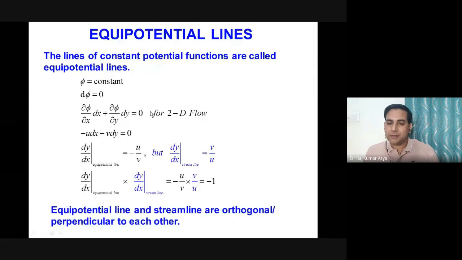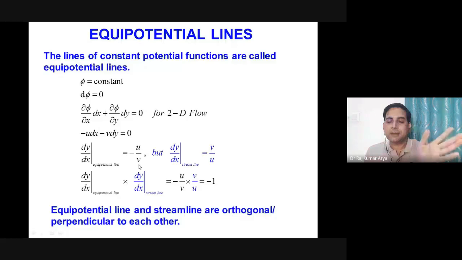Now you can substitute: del phi upon del x you have taken in terms of u as minus u, del phi upon del y is being considered as minus v, right? Yes or no? Now from here, if you arrange it, you get dy upon dx is equal to minus u upon v. So this is the equipotential line.